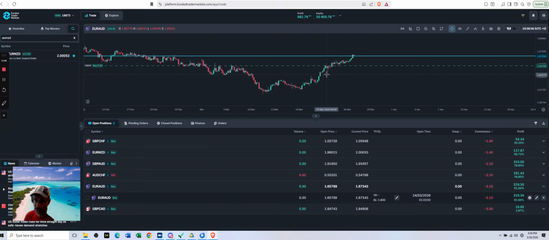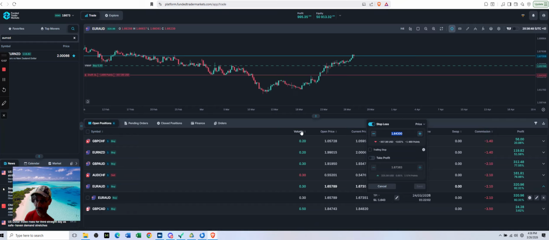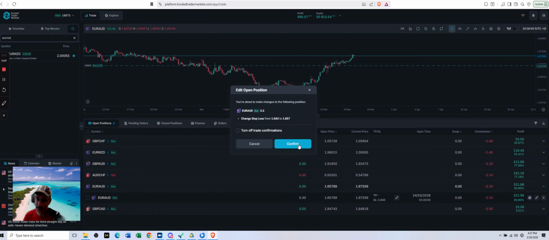This is where I started. Now that we've moved up, I probably will move it up to break even, which is 165.70. In fact, let's just do that right now. Again, this is a 4-hour chart, so it still gives me enough room. Now I only have $18 of risk after I change this.